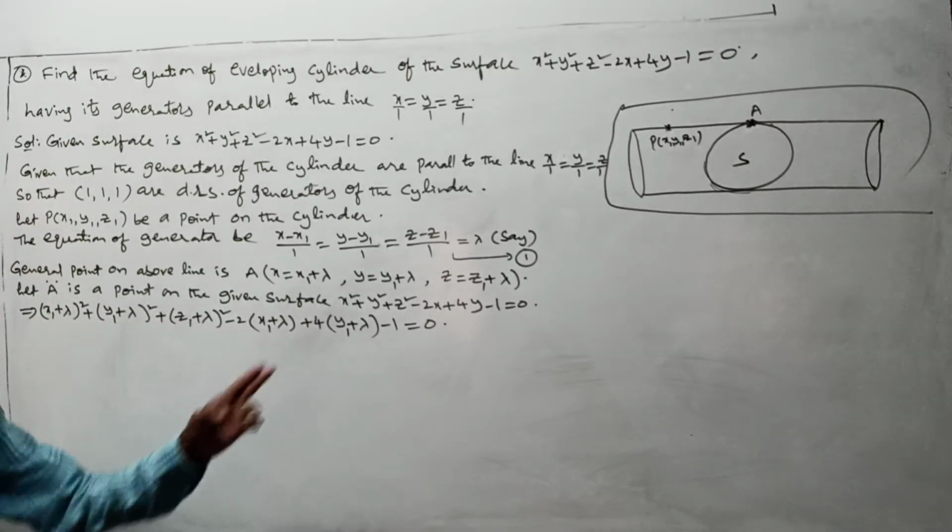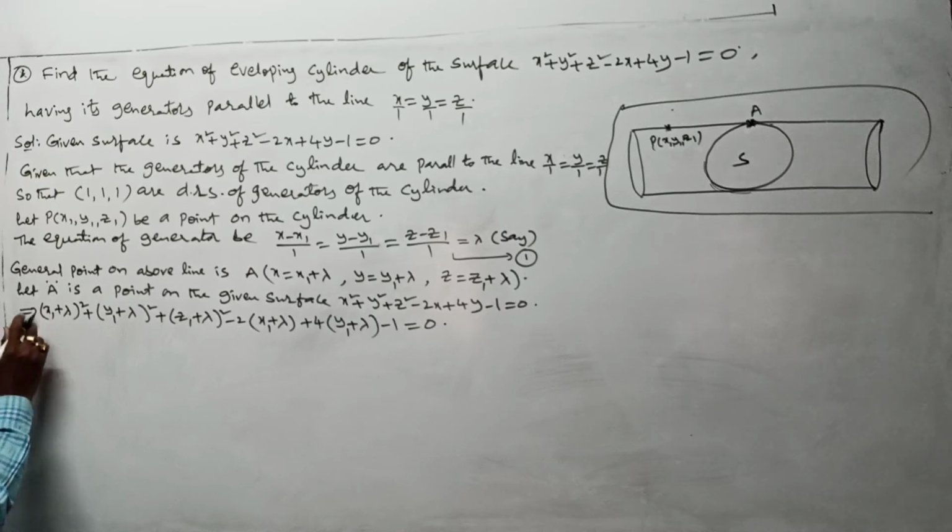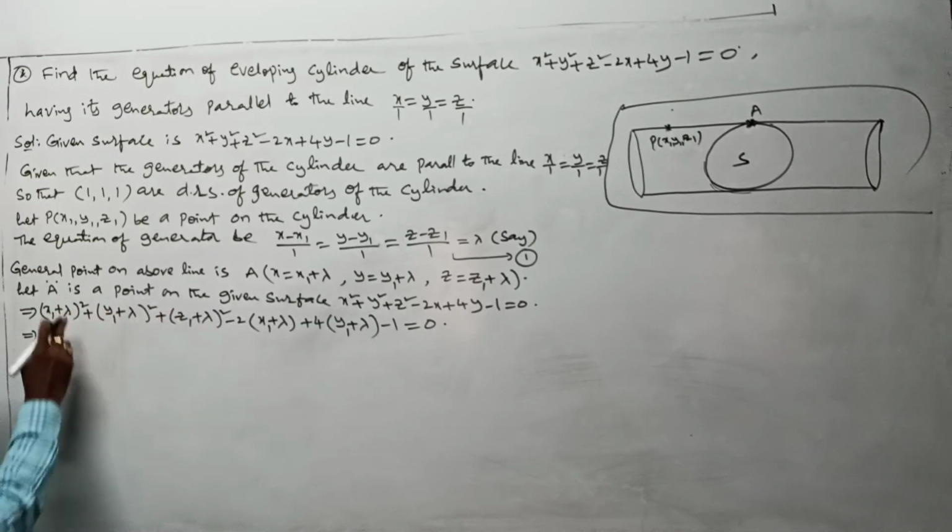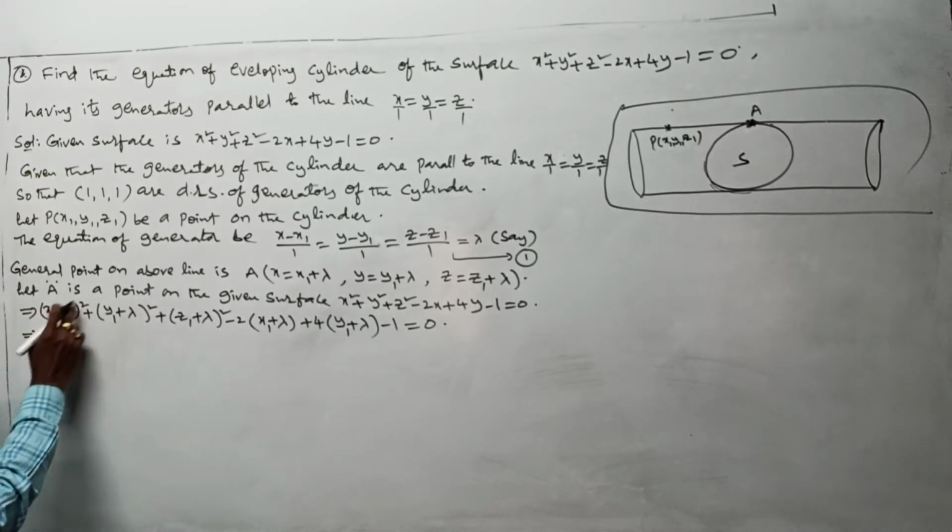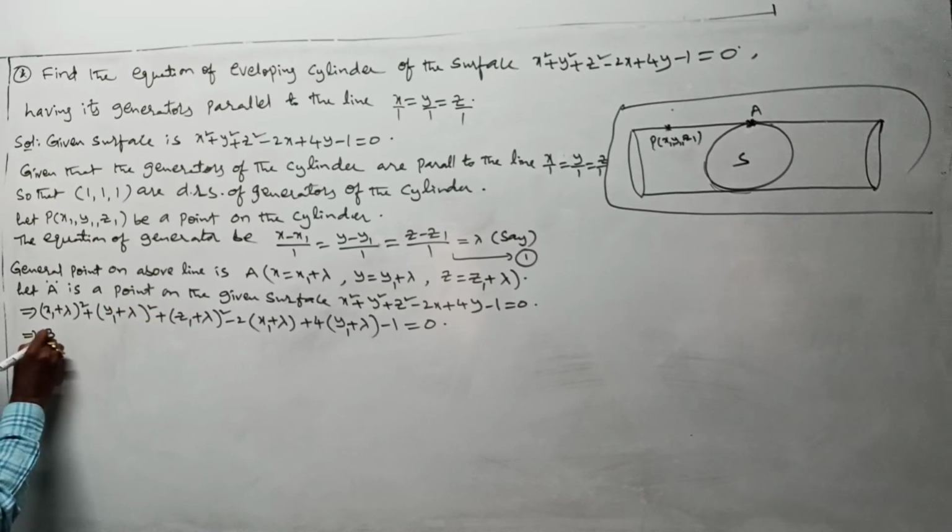Now write this as a quadratic equation in terms of lambda. Going through the (a plus b) whole square expansion, the lambda square terms give 3 lambda square.